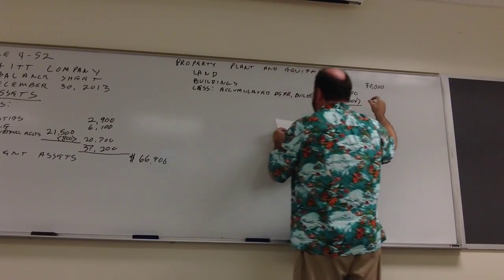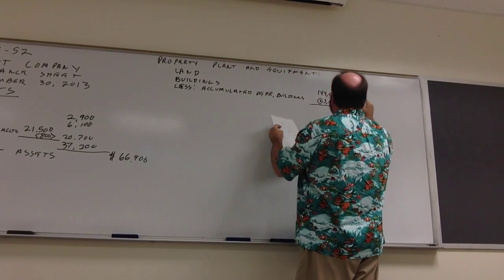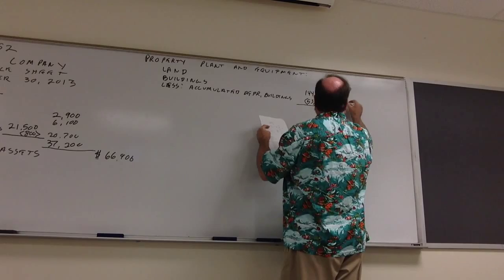So that's a net book value of buildings of 91,000.